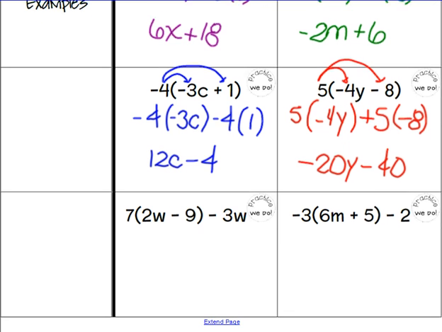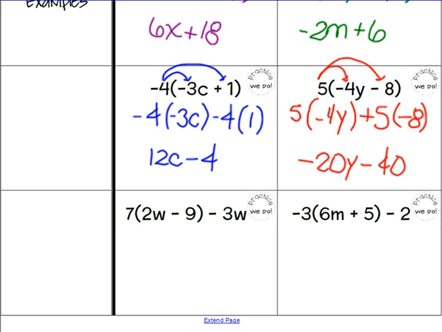Let's do 2 more. So we have 7, and in parentheses 2w minus 9. So this 7 is going to be distributed to both terms in the parentheses. And then we have another term outside of the parentheses that doesn't get the 7 distributed to it.